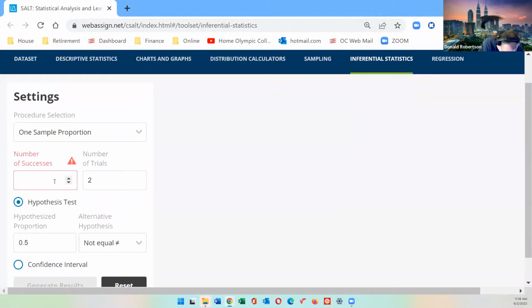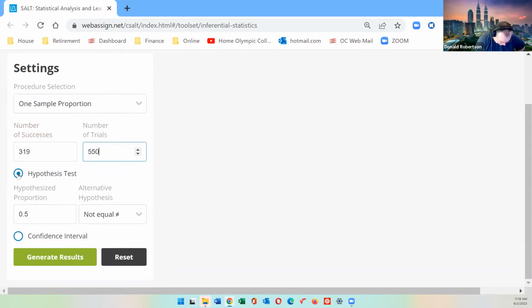Take this fella, and it ends up being 319 people out of 550. We have a hypothesis test, and I should have looked. What is the hypothesis? 0.5. Okay, so that's good. And we want to prove that it's bigger. So generate results.